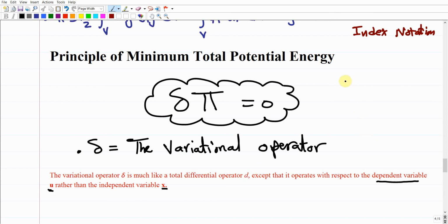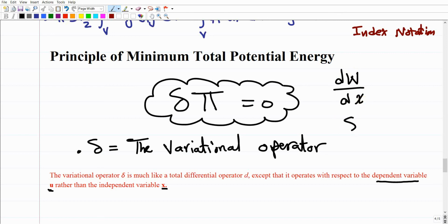For example, assume that you have W, which is the strain energy density function. If I decided to find the derivative of W with respect to x, this is the independent variable that we are differentiating with respect to.